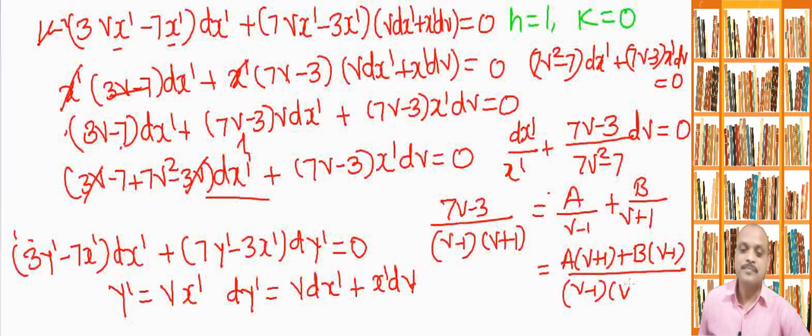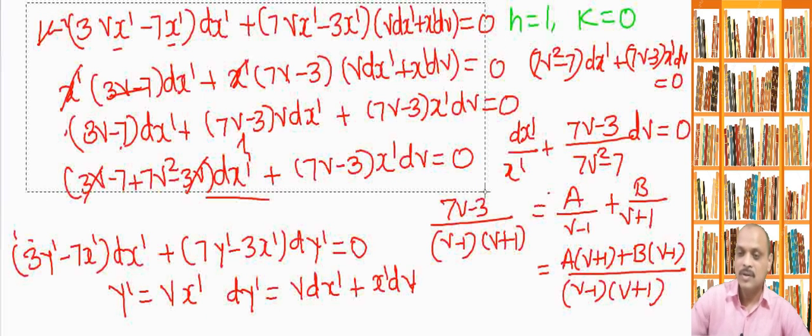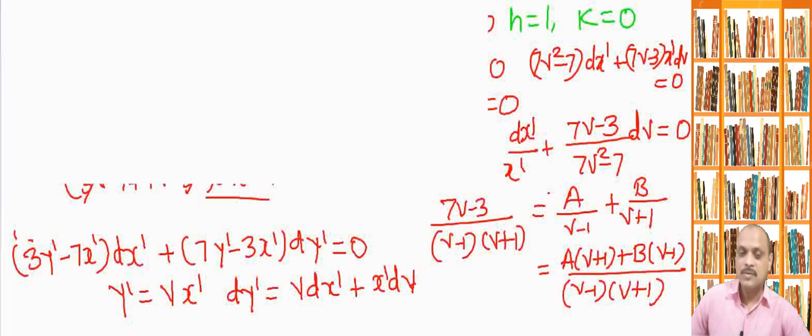So what is the equation now? We have 7v − 3 equal to A(v + 1) plus B(v − 1).